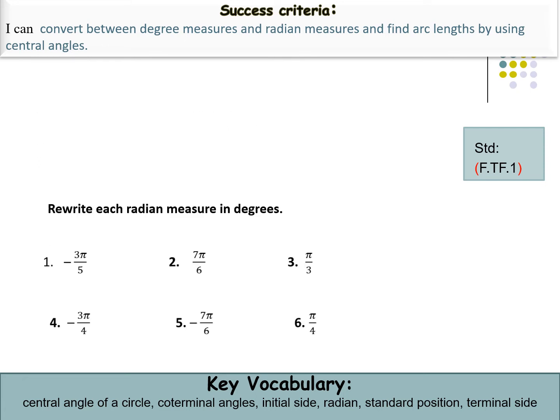Now here, whatever question is given to you, in order to convert it into degrees, you have to get rid of the pi. So write 180 over pi. Any radian written with a positive or negative sign, you have to multiply by 180 over pi, write it in the calculator and get the final answer.